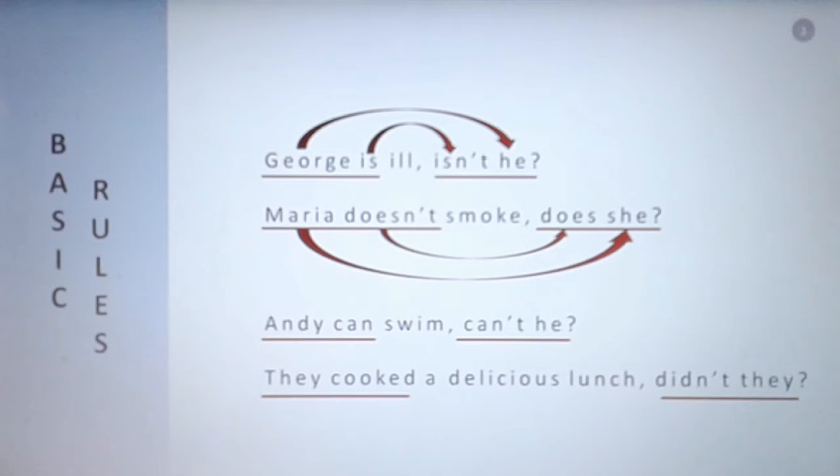So we need to change this positive verb 2 into negative in question tag. However, we shouldn't use cooked, right? That's why we need to use didn't. So the question tag is didn't they?